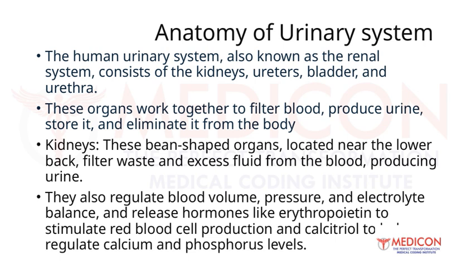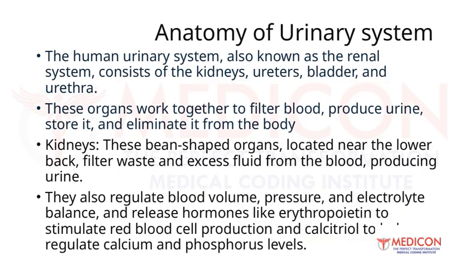Now, focusing on the kidneys, these are bean-shaped organs located near the lower back. Their primary role is to filter waste and excess fluid from the blood, which is essential for maintaining a healthy internal environment. But their function goes beyond just filtration. The kidneys also help regulate blood volume, blood pressure, and the balance of electrolytes in our body.